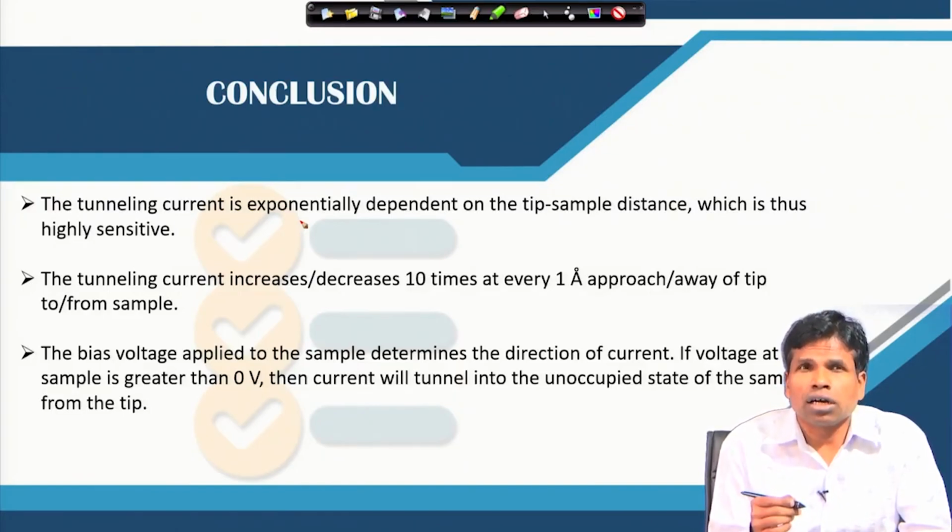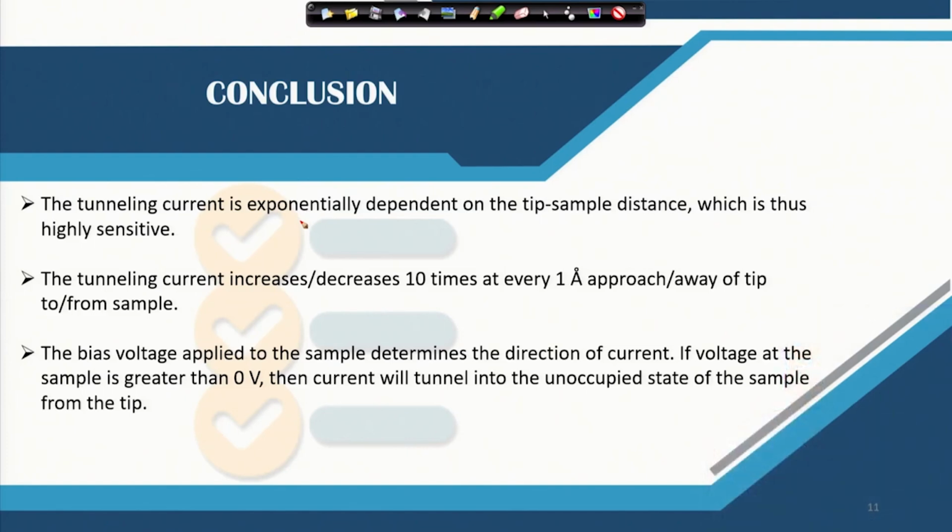As the current increases or decreases by approximately 10 times for every 1 angstrom change in the tip-sample distance, we can control the movement of the tip to a subatomic level, thereby getting high vertical resolution. In addition, as the tip has a single atom at its apex, we get high lateral resolution.